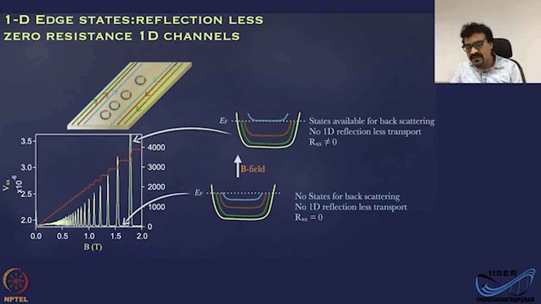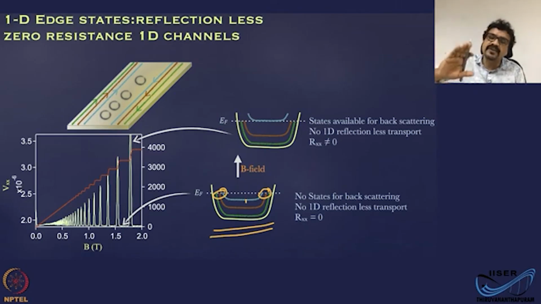So let's consider two different situations here. You have states present at the Fermi level, at the edges. Then you increase the B field. When you increase the B field, you will push the levels out of the Fermi level.